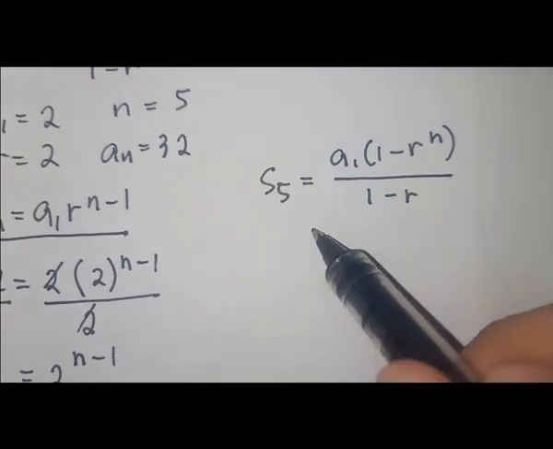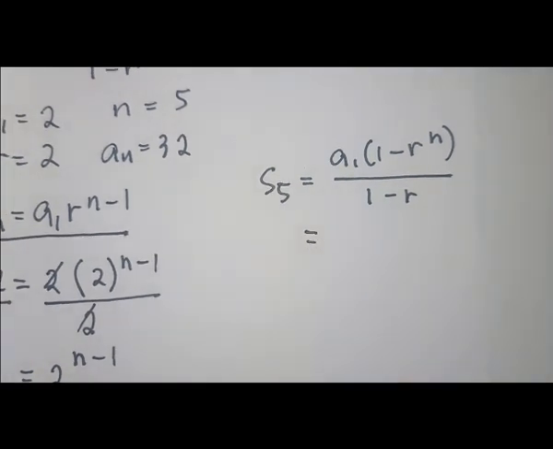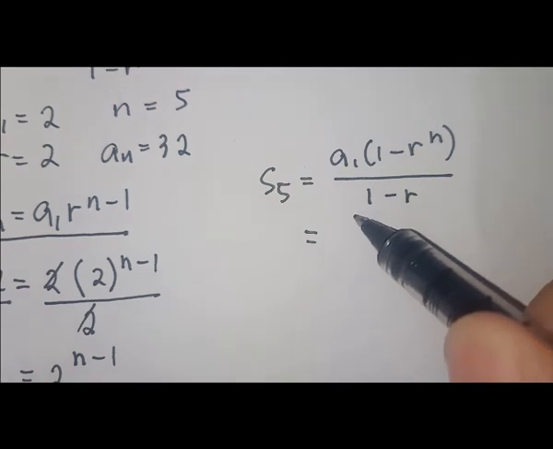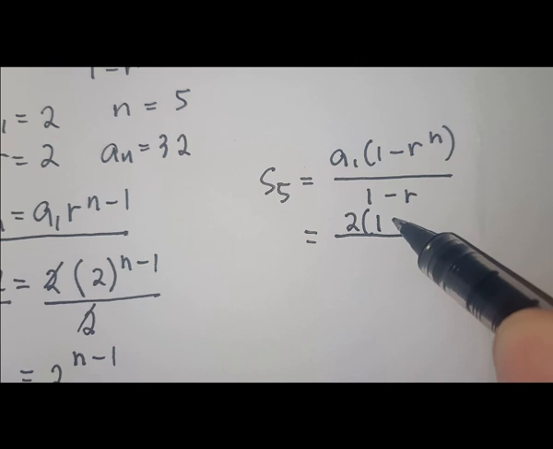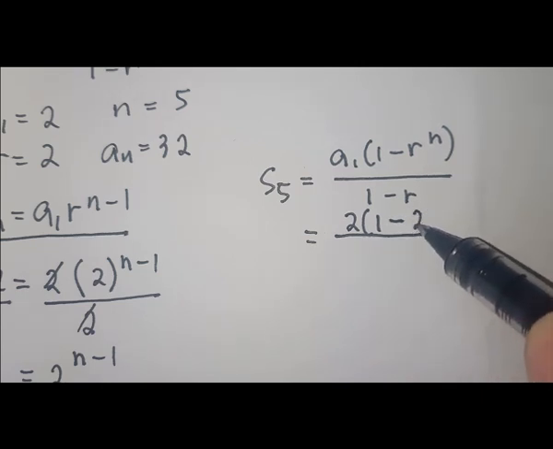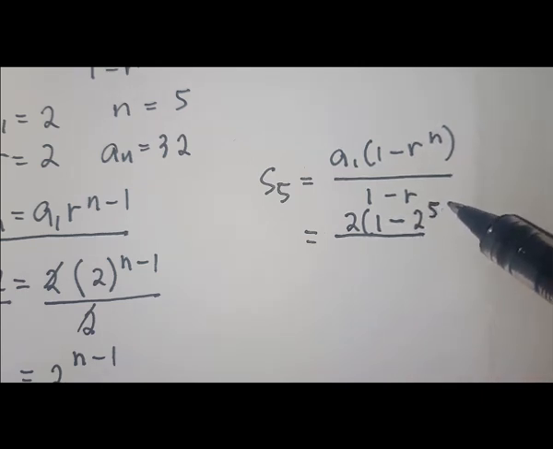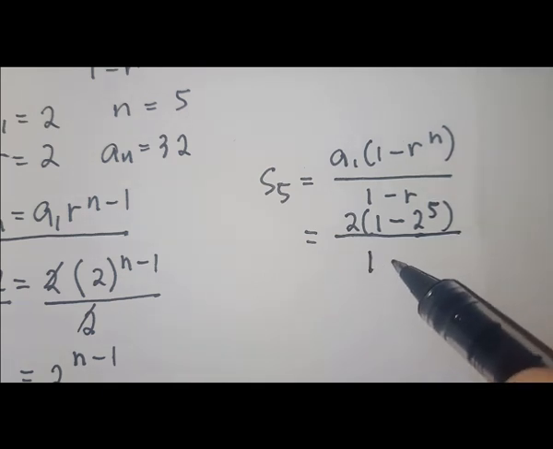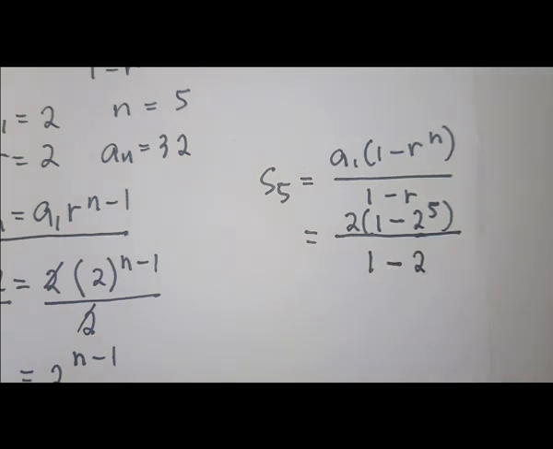Okay, so ang value ng a sub 1 na meron tayo ay 2. So, we have 2 times 1 minus, ang r natin ay 2, n natin ay 5, over 1 minus 2.